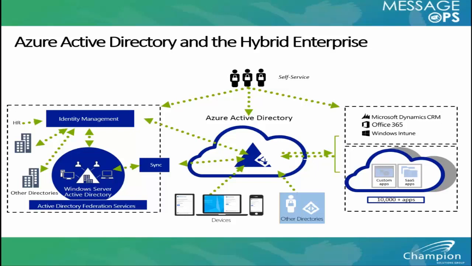Now, we do a DirSync. You may have heard it as AD Sync, Azure Active Directory Sync. At the end of the day, what it does is a one-way synchronization of email-enabled Active Directory objects and groups, etc., up to Azure.